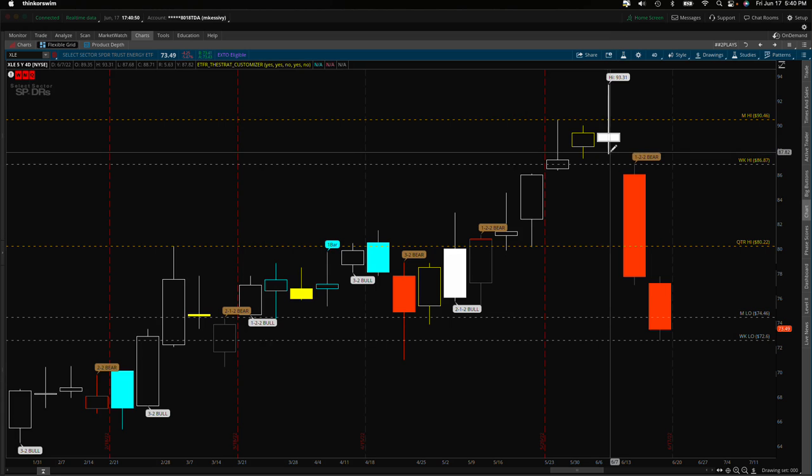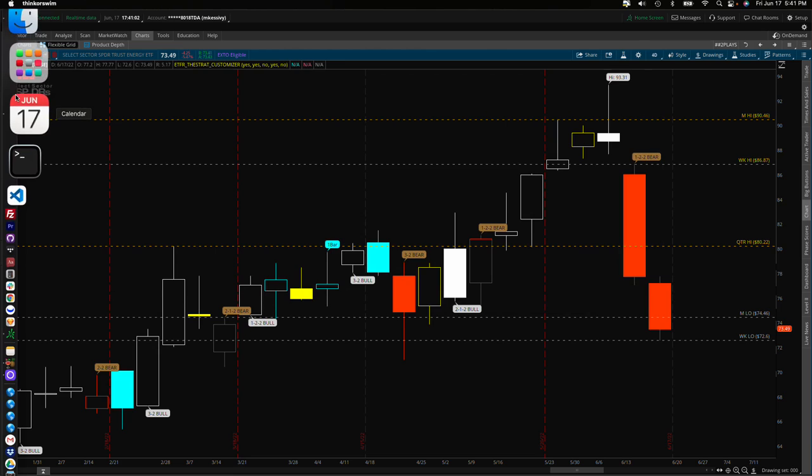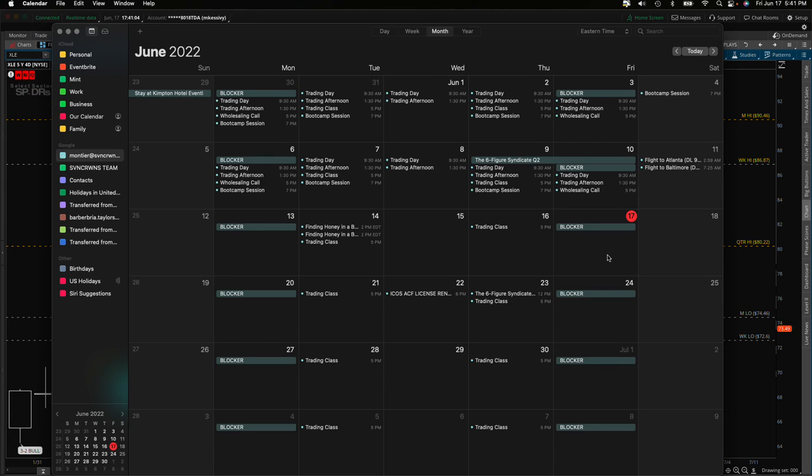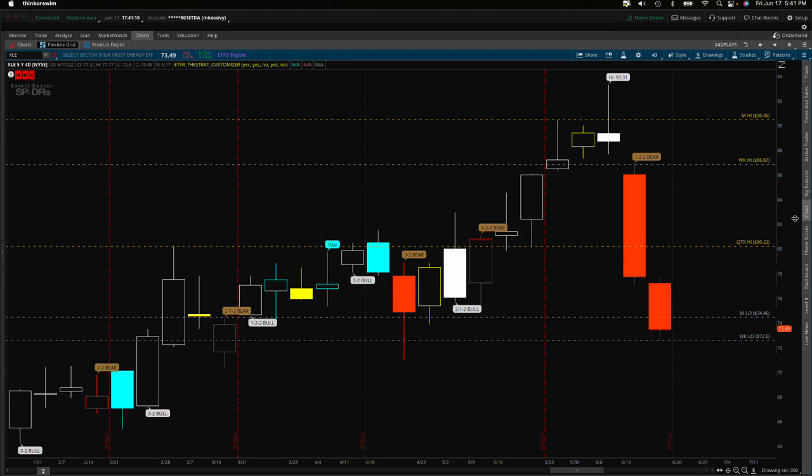So as soon as we closed on Friday, that was a nice move to the downside. This candle actually closes on the 22nd. So we look at that again. Start on the 17th, so that's 1, 2, 3, 4. It'll close on the 22nd. Right? So yeah, you could have got an entry on a 4-day chart or on a weekly chart.